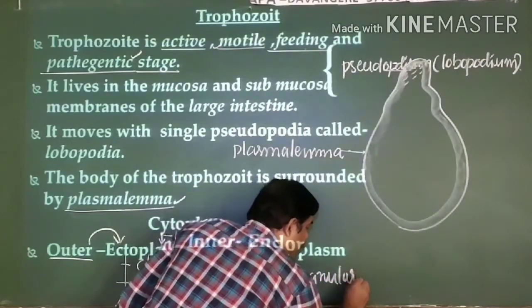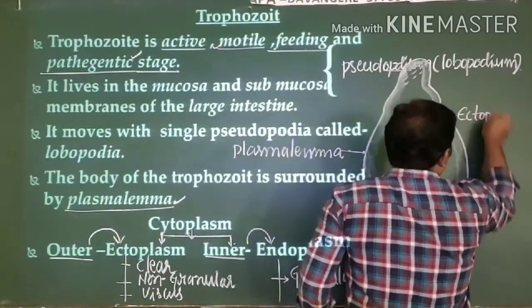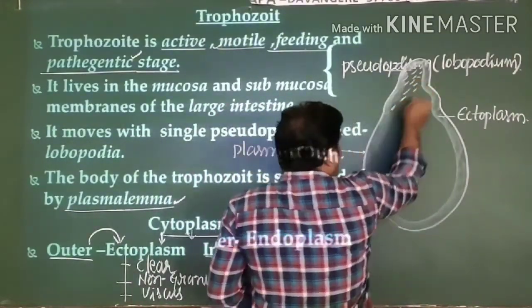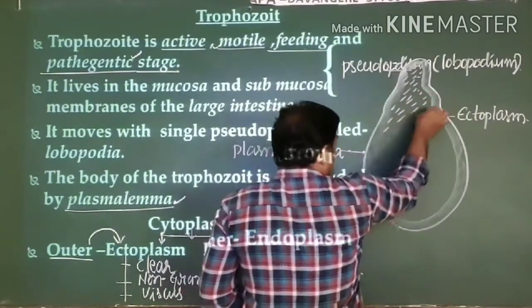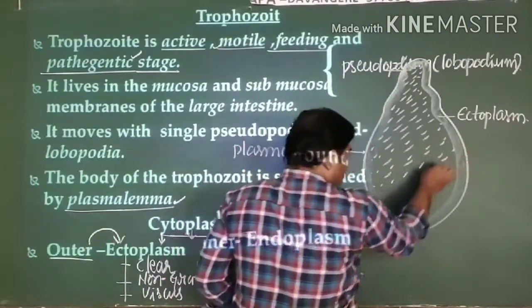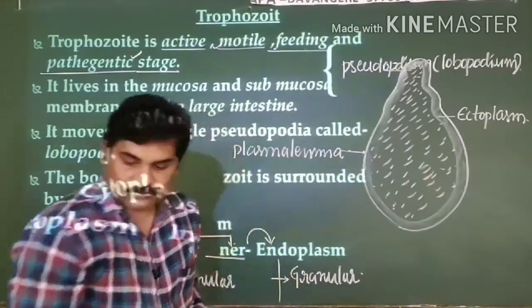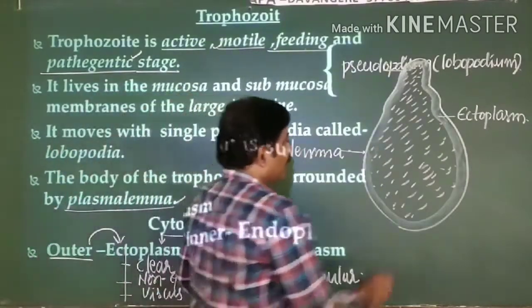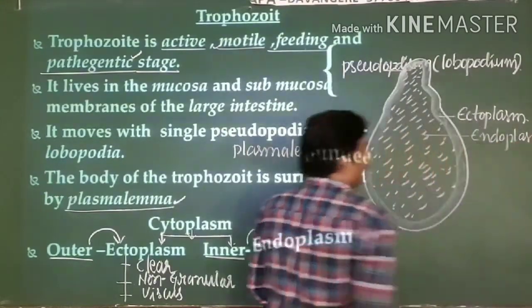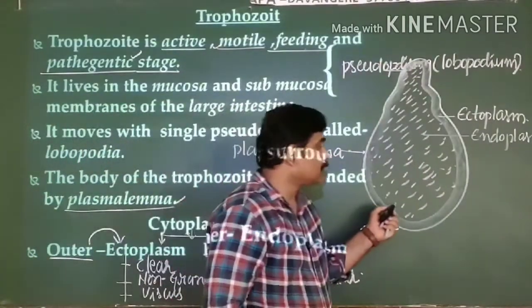Whatever I drew here is the ectoplasm, and the internal granular portion of this parasite is known as the endoplasm.